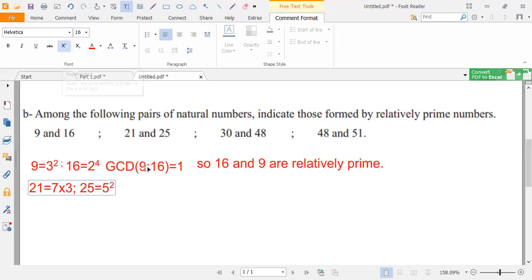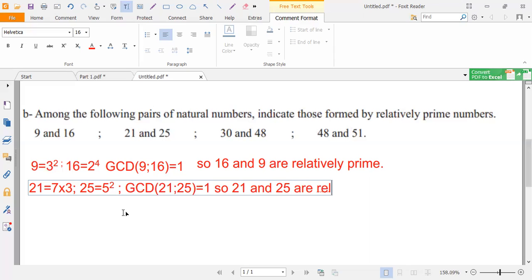So now the GCD of 21 and 25 is equal to what? Look, we have no common factors, so it is equal to 1. So 21 and 25 are relatively prime.